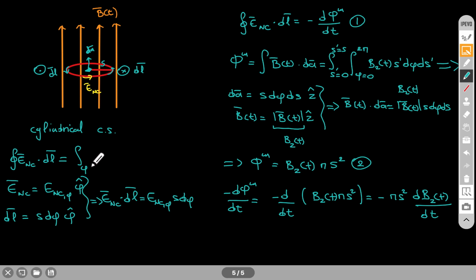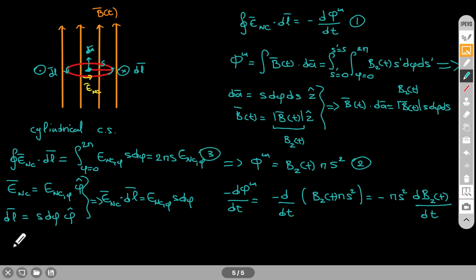This is the integral when phi goes from 0 to 2 pi. The phi component of the non-Coulomb electric field times s d phi, and this will give us 2 pi s times the phi component of the non-Coulomb electric field. Let's call this equation 3.